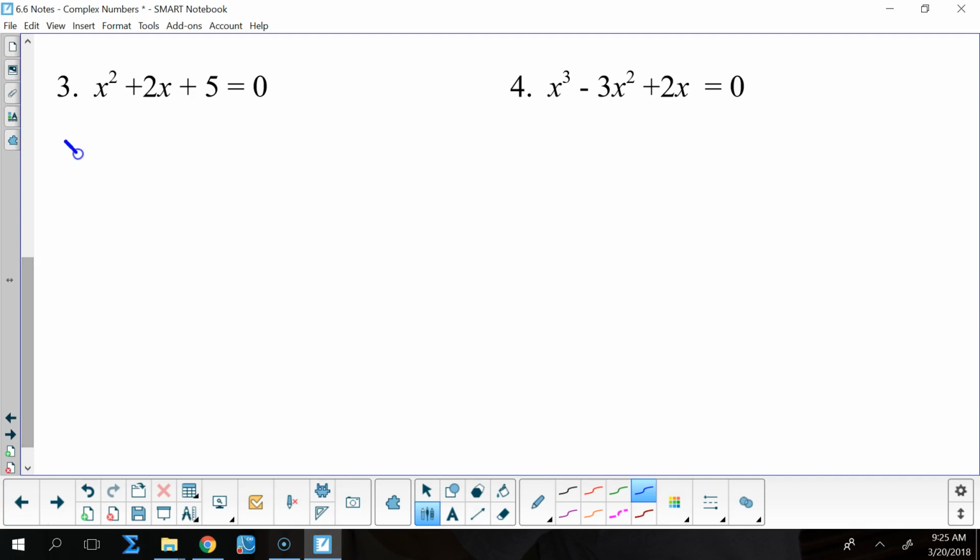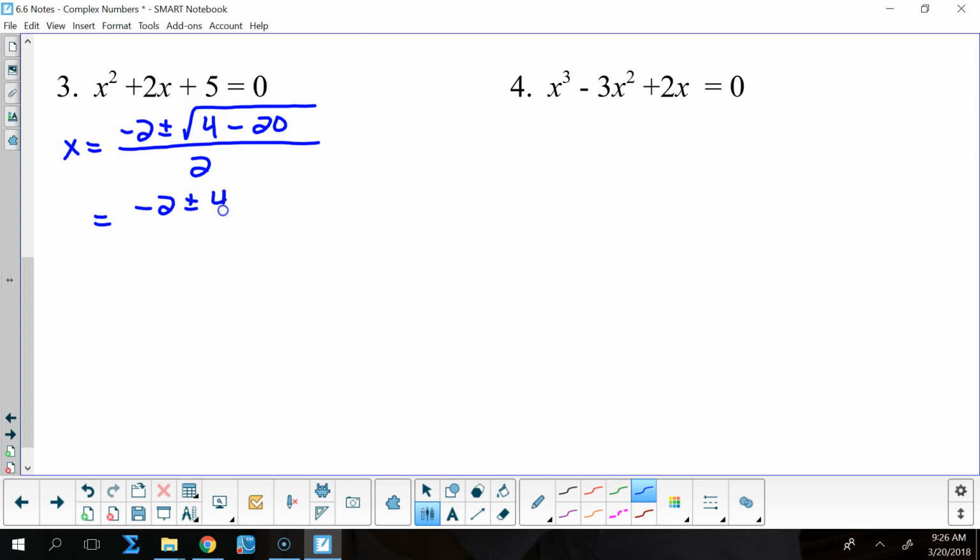Okay, so then x is going to equal negative 2 plus or minus the square root of 4 minus 4ac. Well, 4 times 5 times 1 is 20, all over 2. Okay, 4 minus 20 is negative 16. The square root of negative 16 is 4i.